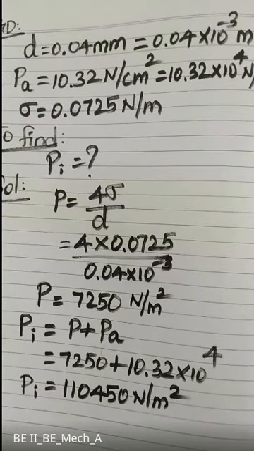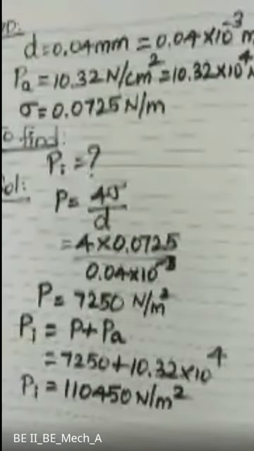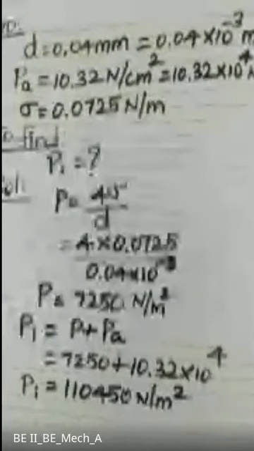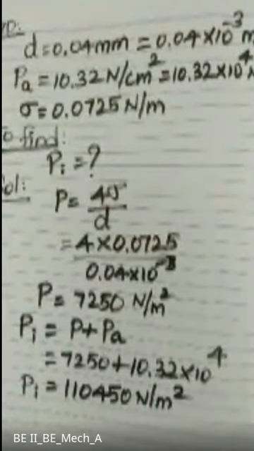The specific gravity for mercury is given as 13.6, and angle of contact is equal to 130 degree.